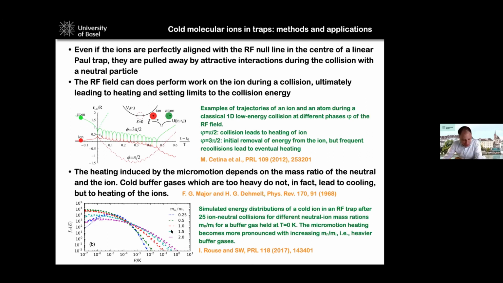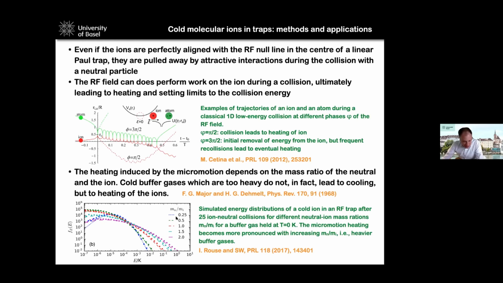And that is also shown here in this plot, where we have performed a simulation of a cold ion in a radio frequency trap, just looking at 25 ion-neutral collisions with a buffer gas, which was assumed in the simulations to be at 0 Kelvin, for different mass ratios. And we were looking at the distribution of ion energies after 25 such collisions.